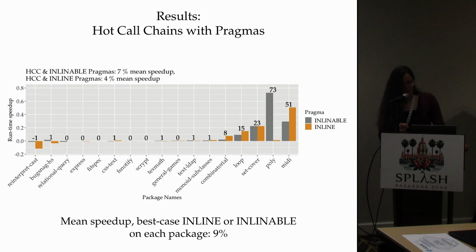And I think that goes back to the difference between the 2 pragmas. The inlineable pragma is generally going to be the safer option, but it's not very strong. And the inline pragma is much stronger, but it might also push through something that is going to cause a big performance drop. Okay, so if we take the better case of inlineable or inline for each of those packages, and then we average together all of those better cases, we can see a 9% performance improvement.